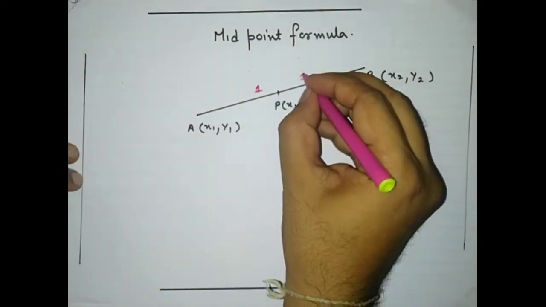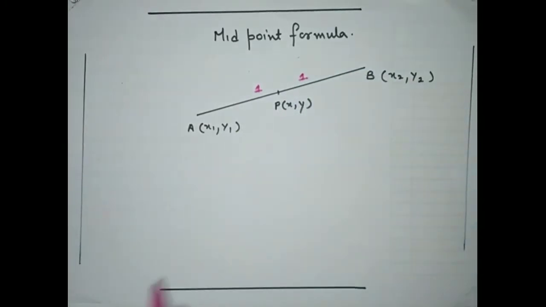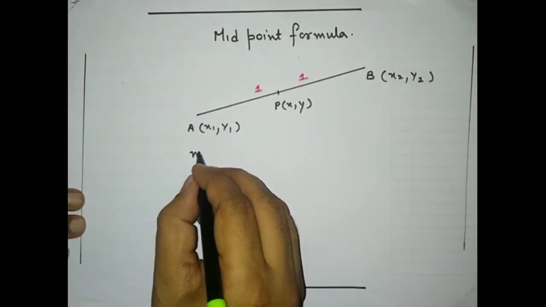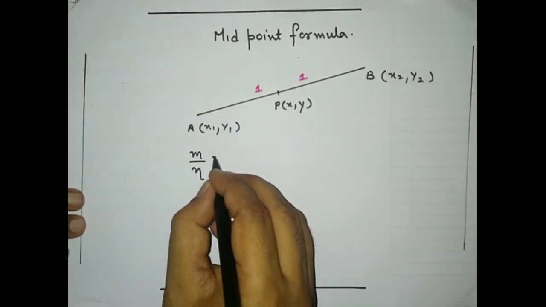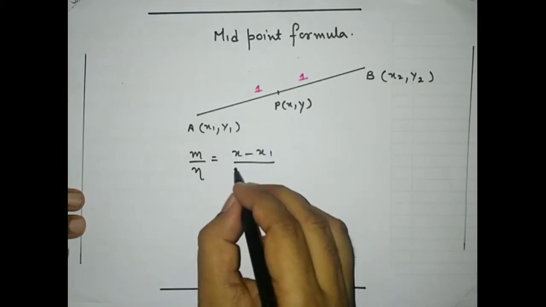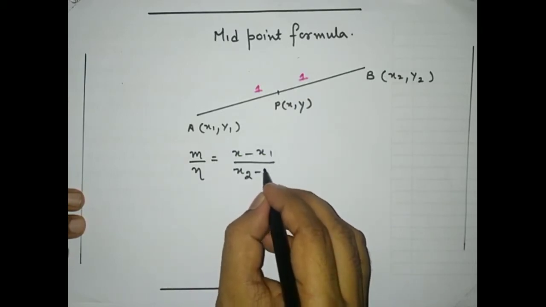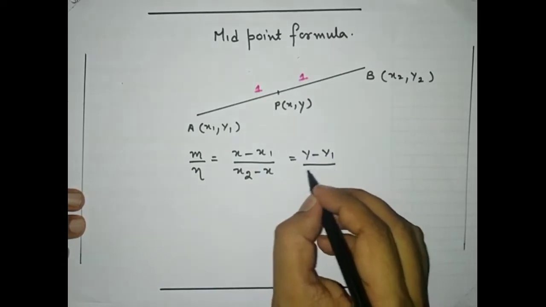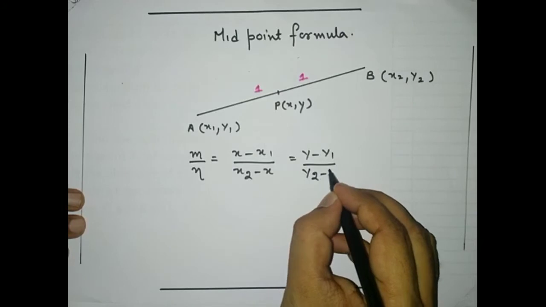Now if you remember, while deriving the section formula, we came across the equality of three ratios. That was m over n is equal to x minus x1 over x2 minus x is equal to y minus y1 over y2 minus y.